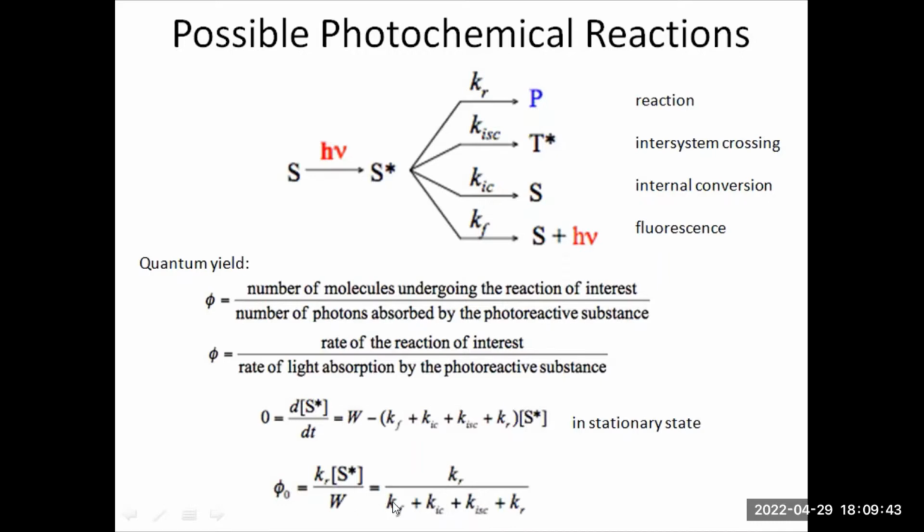And from this equation in the stationary state, we can show that that is just equal to Kr, which is the rate constant for the particular reaction over all the others. So the sum of all these quantum yields has to be equal to 1. And as I mentioned, we can have much more than just one particular photochemical reaction. We could have P1, P2, P3, and so on.